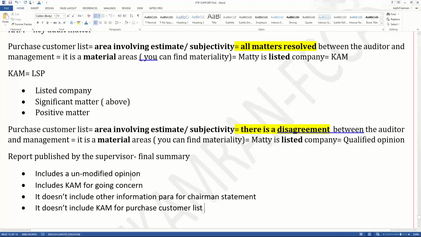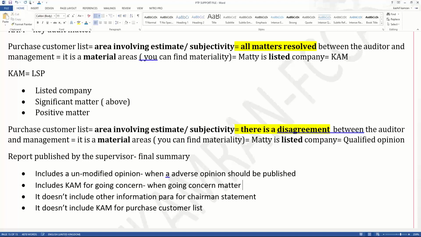So see the wrong in the report. First of all, it includes an unmodified opinion when an adverse opinion should be published. Have I given you the logic for adverse opinion? When should an adverse opinion be published? Is everyone clear on that? Number one, please be quick. Second, it includes a CAM for going concern when a going concern matter is not included in CAM.